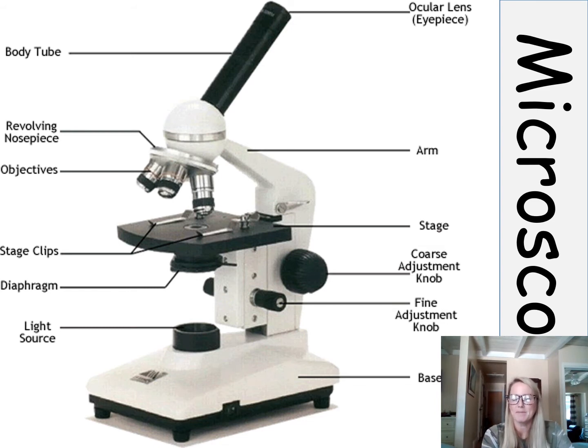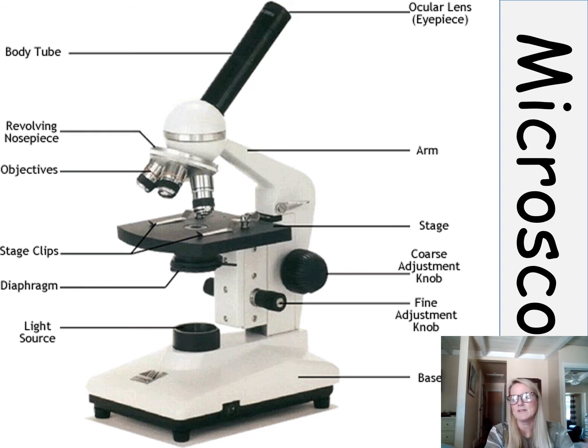Some of the basic pieces that you should know: the eyepiece right here is called the ocular lens, and that's usually what you look through. Down below, connected to the ocular lens, are the objectives, or the lenses that also magnify the objects, and they rotate, they revolve.